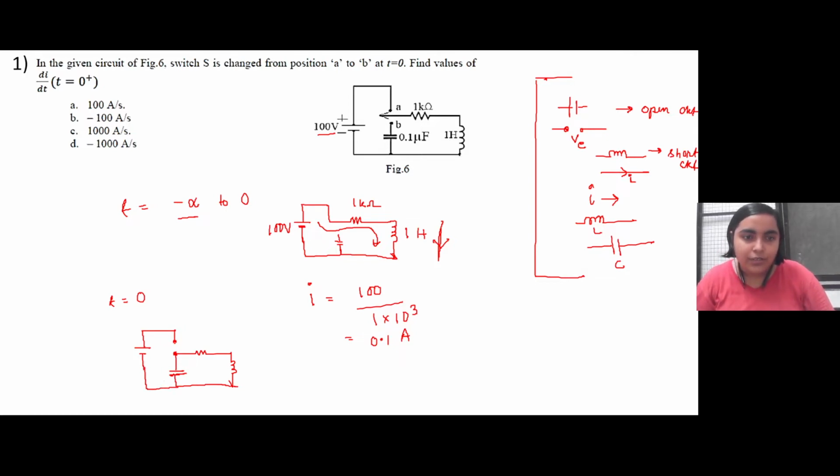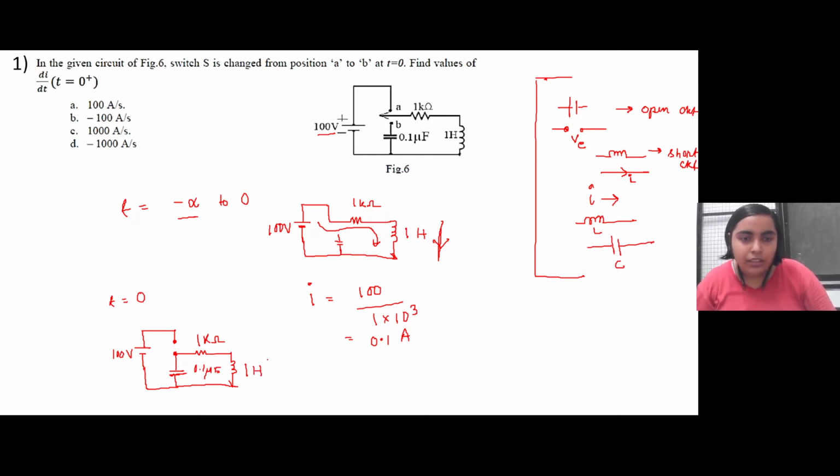Now the circuit looks like this. The 100 volt source is not connected to this particular circuit. This is 1 kilo ohm, this is 0.1 microfarad, and this is 1 Henry.